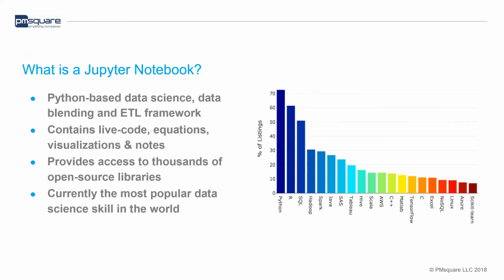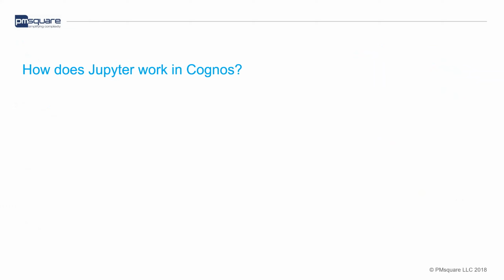As you see on this slide, this is a graph I took from somebody's personal blog where they had done an analysis of job postings on a number of different sites to see what are the most requested skills on those job postings for data science jobs. R is still quite popular, but in the last year or 2, Python has passed it as the most popular data science tool in the world. So beyond its utility for helping you enhance your Cognos environment, it's also going to be a really useful skill for you to pick up as an individual.